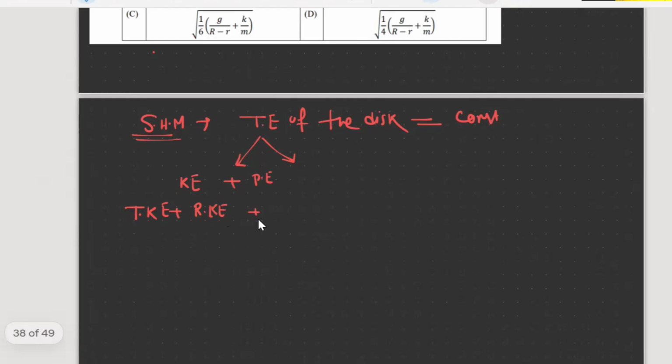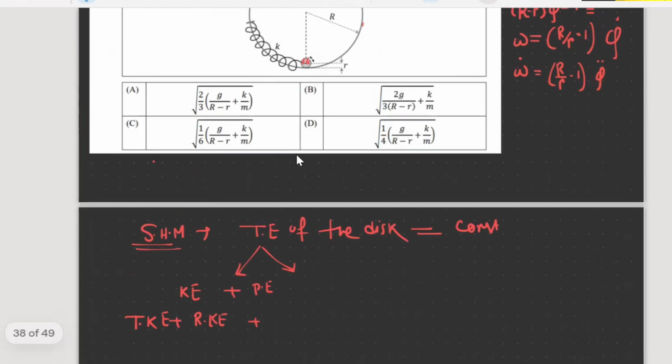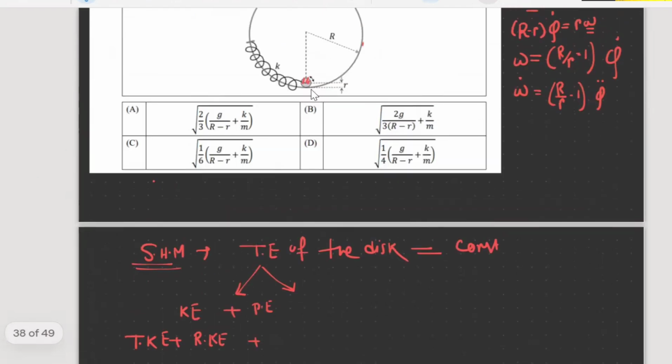Potential energy also has two components. One is gravitational potential energy, because as the disk is rolling, it is covering some vertical distance, since g is acting downward. And at the same time, as the spring is going to be stretched and compressed periodically, it will have spring potential energy, and the total of that should be constant.